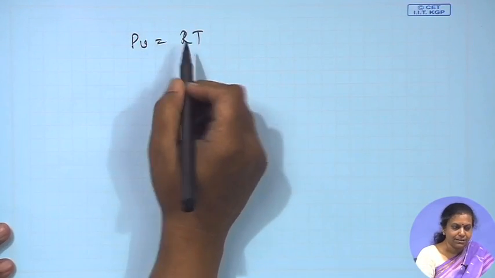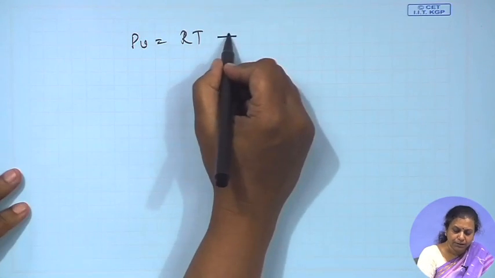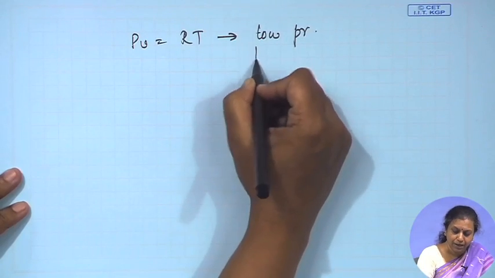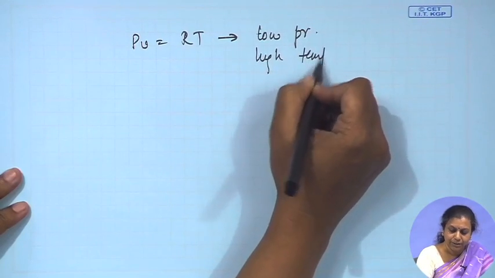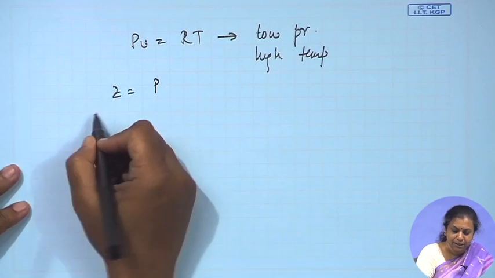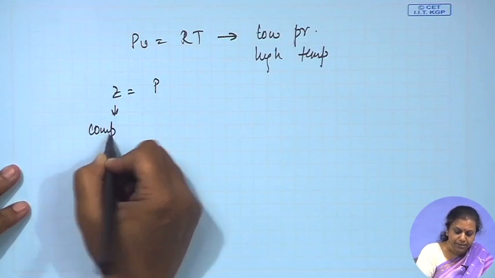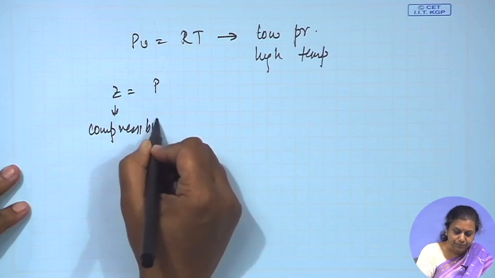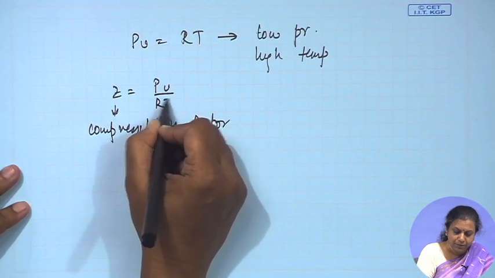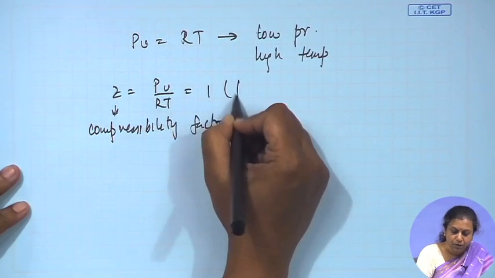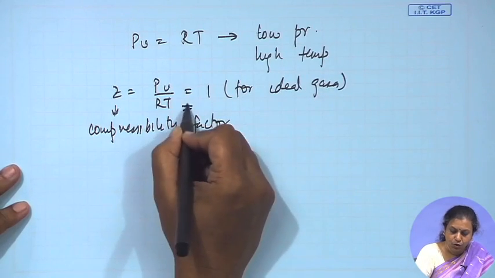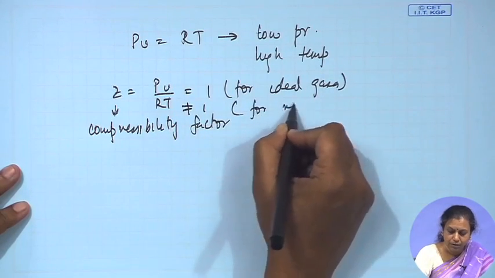This is applicable only for very low pressure and high temperature, and therefore this particular quantity Z, which is known as the compressibility factor, which is nothing but PV by RT, is equal to 1 for ideal gases and is not equal to 1 for real gases.